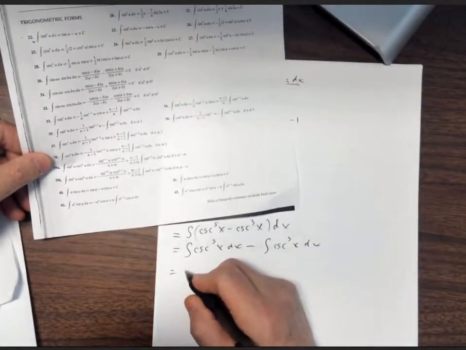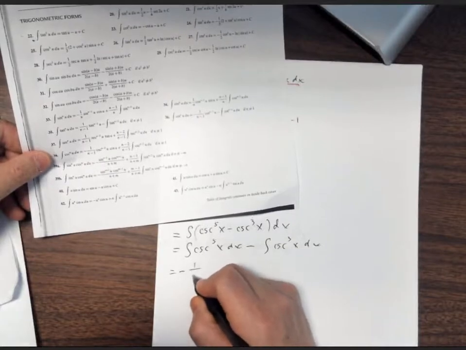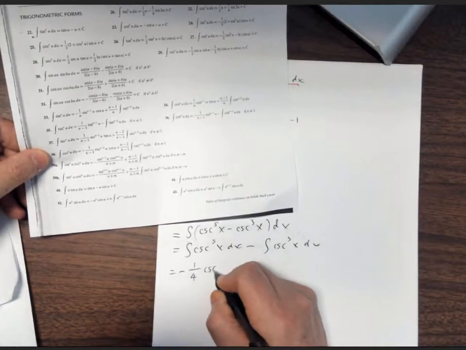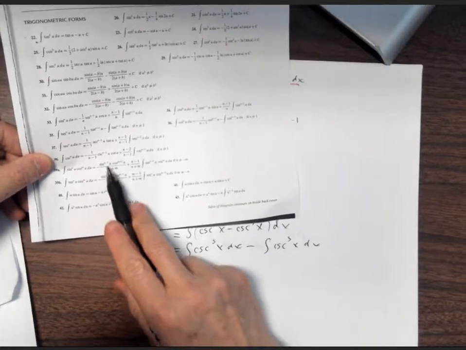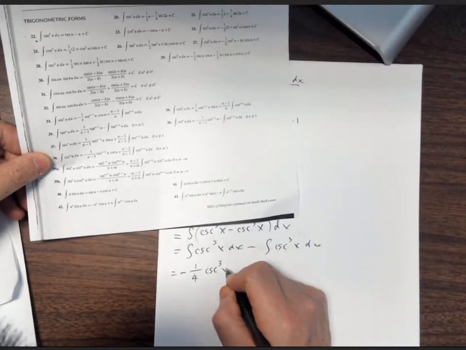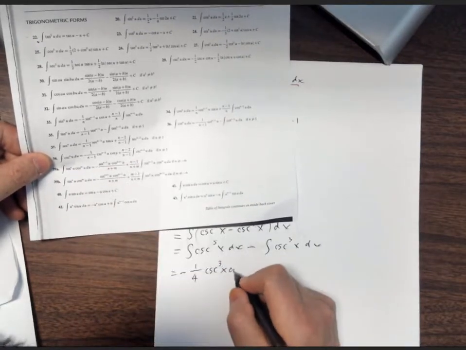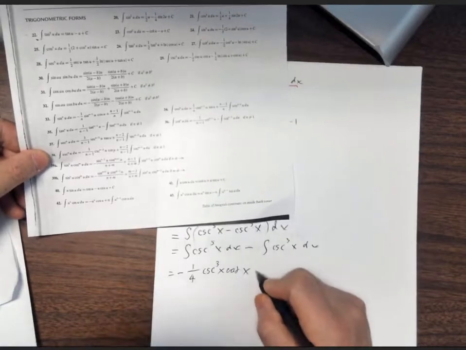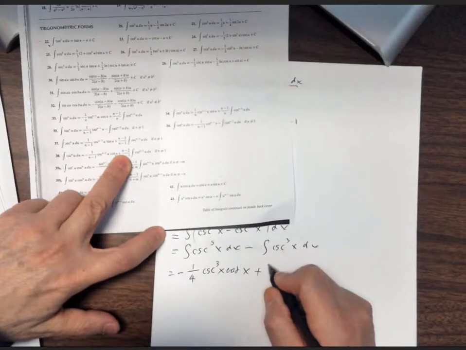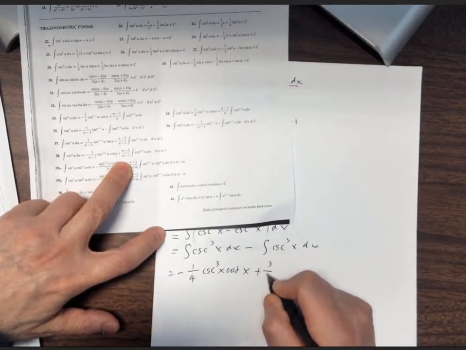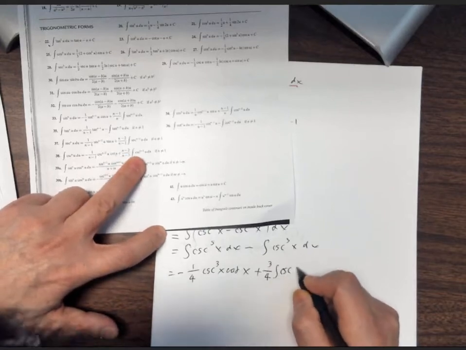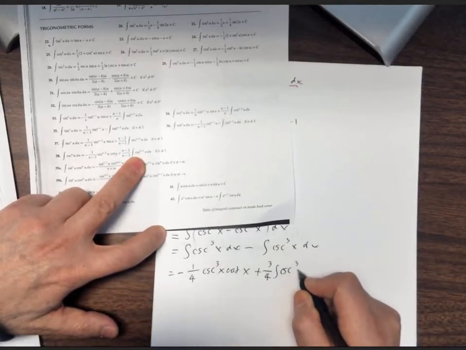We're having negative 1 over n minus 1, which is 4, cosecant to the n minus 2, so that's 3, cotangent, plus n minus 2 over n minus 1, integral of cosecant to the n minus 2.